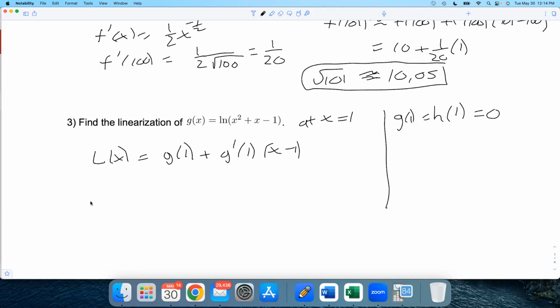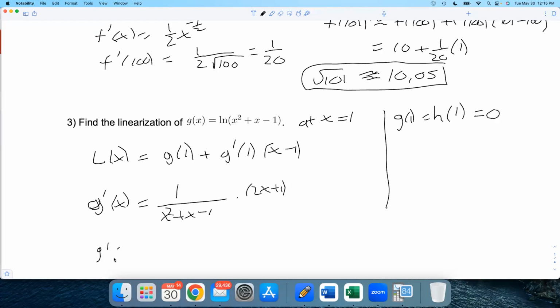Now I need to take the derivative. The derivative of natural log of anything is 1 over that thing times the derivative of what's inside. So times the derivative of this stuff here, that would be 2x plus 1.